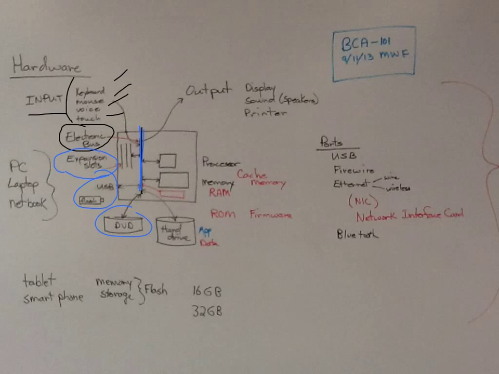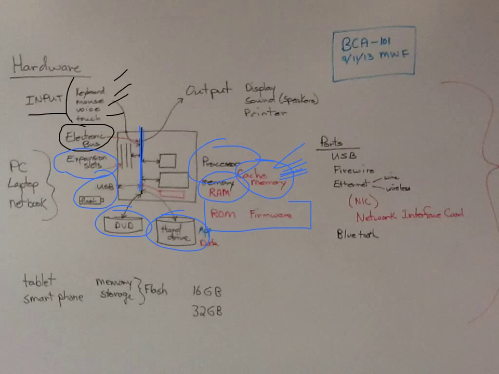USB port, DVD, hard drive, processor, and we talk about cache memory. Cache memory, high-speed memory, where the software, the operating system, can keep the things that the processor needs to use often in cache, so it doesn't have to go to RAM to get it.